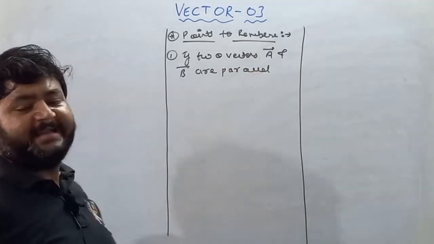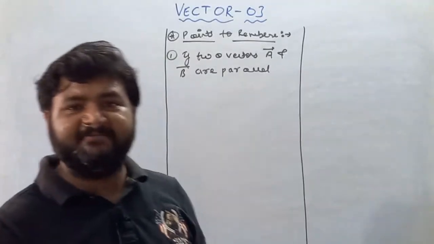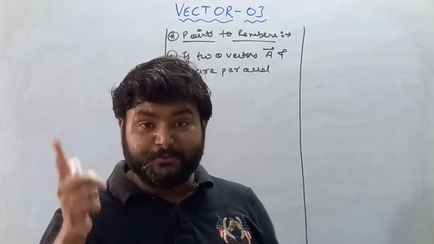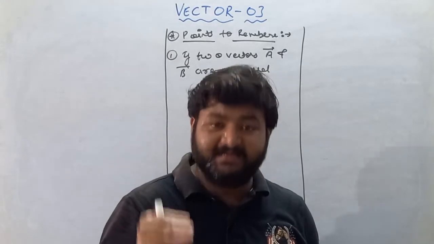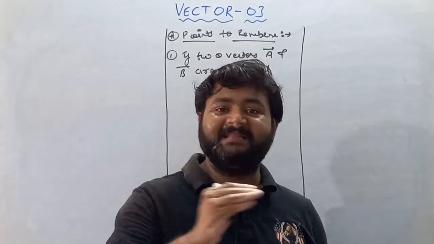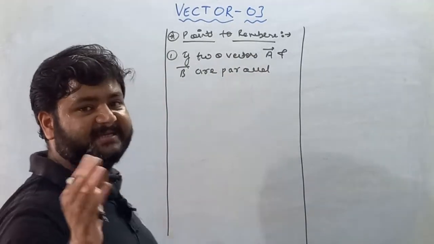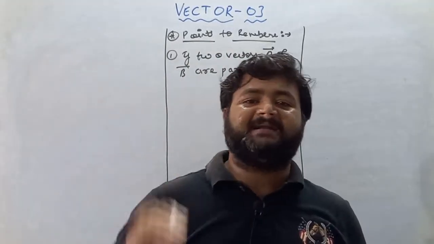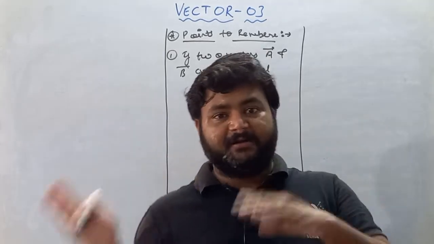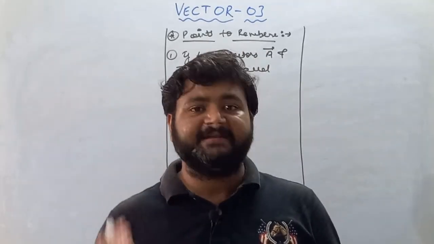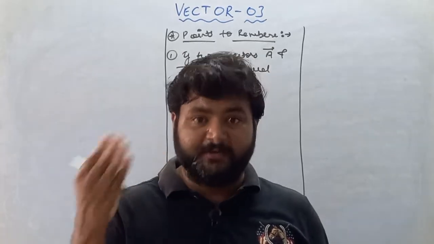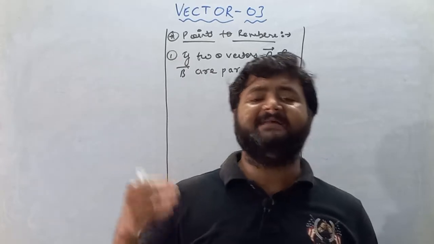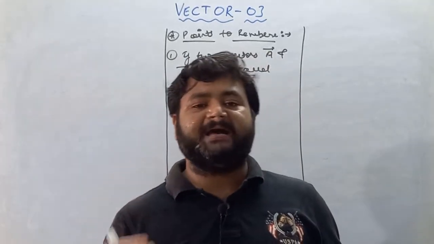We know what a parallel vector actually is. A parallel vector is two collinear vectors. As I already told you, two collinear vectors in the same direction are called parallel vectors, because collinear means either two vectors lie in the same line or they are parallel to each other. The definition of parallel vectors is: two vectors, if they are collinear and in the same direction, are called parallel vectors.